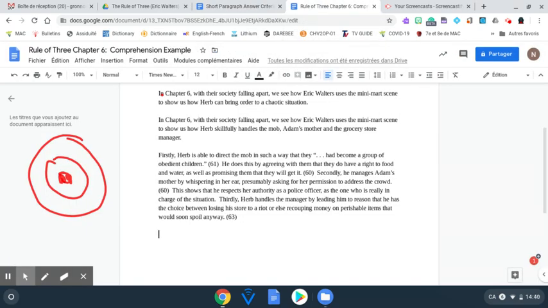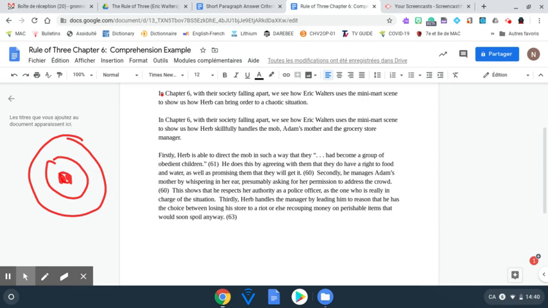So to reach a little bit further. Here we've been looking at the mini-mart scene. So we've really confined our study of Herb and how he handles himself, or the skills that he possesses, to this specific situation. But we're only in chapter 6. So we know that the book is not done. Herb is establishing himself as one of the main characters. We're going to see him again.